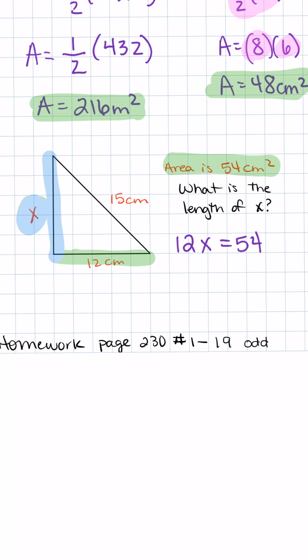Right now they're being multiplied. Let's divide 12 by each side. 12 divided by 12 crosses out so that it just equals x. And if we divide 12 into 54, we get 4.5. So it is not centimeters squared because just the area is centimeters squared, so it's just 4.5 centimeters. And that is your answer.